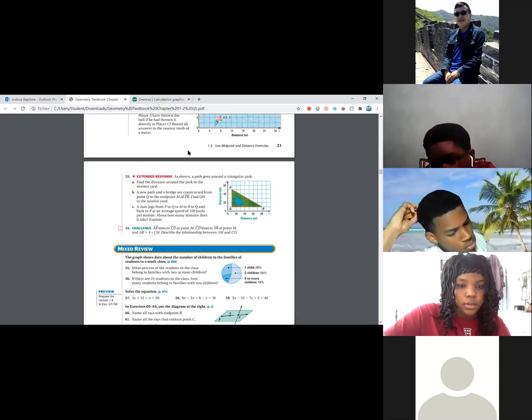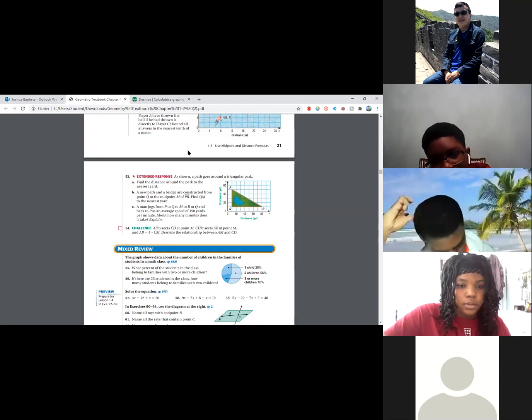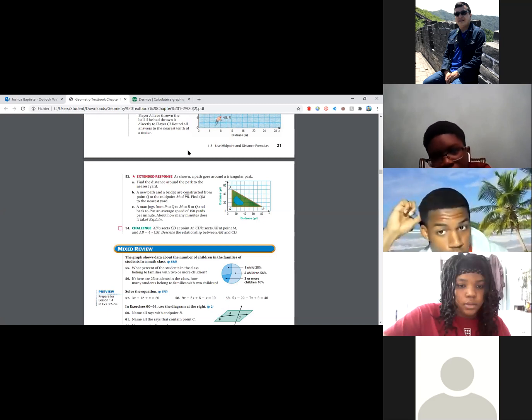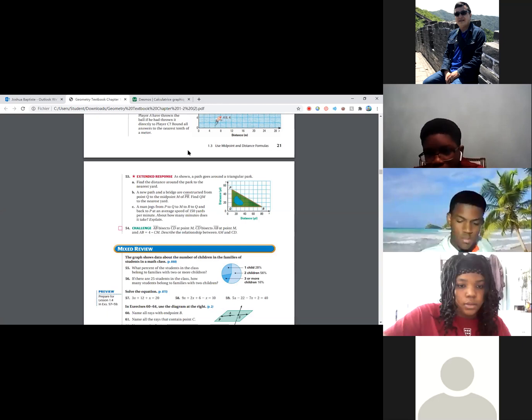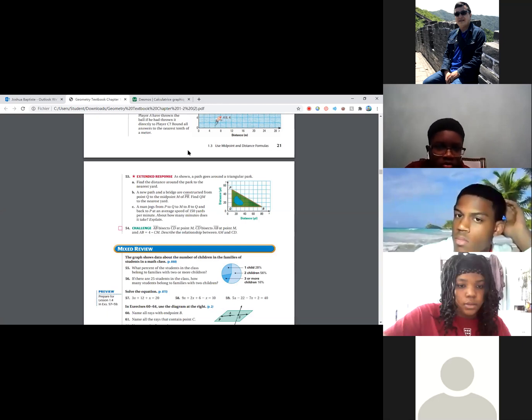I got, we'll find the distance around the park's nearest yard. Well, we already know the two legs. One is 50 and the other is 80. And then I used the Pythagorean theorem to find the length of the remaining side, which was like 94 point. Well, it would be 80 squared plus 50 squared, and then you find the square root of that.